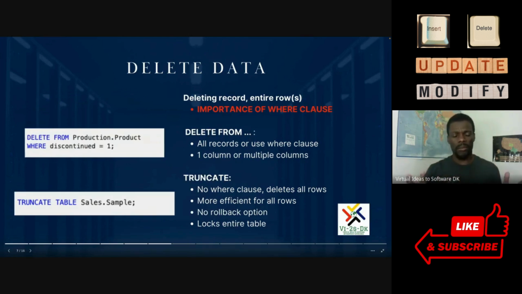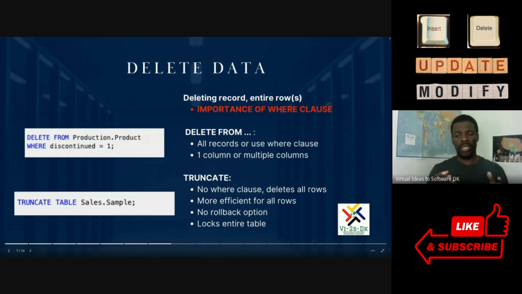Now, to explain again the difference between delete and truncate. If you're trying to bake, let's say, some cupcakes, you have 12 cupcakes, deleting would mean, if you made a mistake with one of the cupcakes, you remove just that one cupcake and replace it with something else, or remove it altogether.